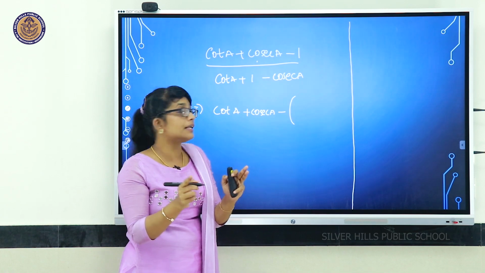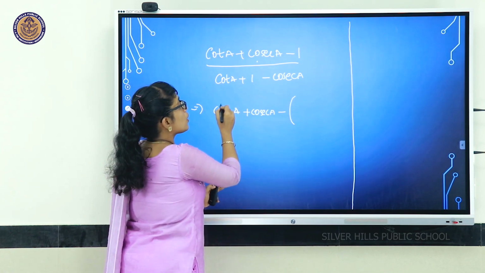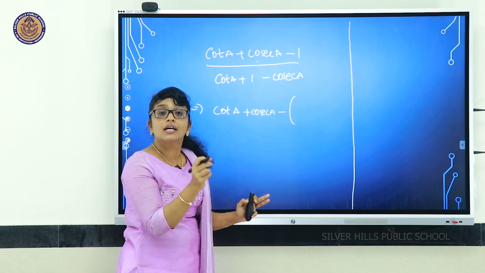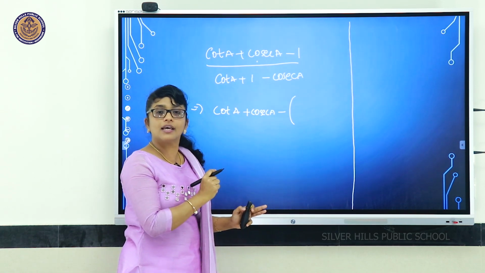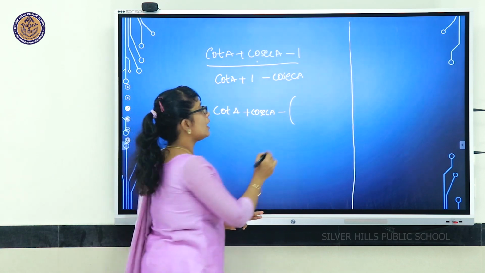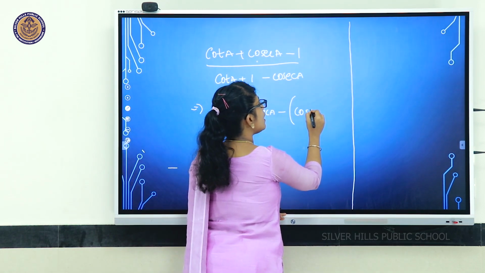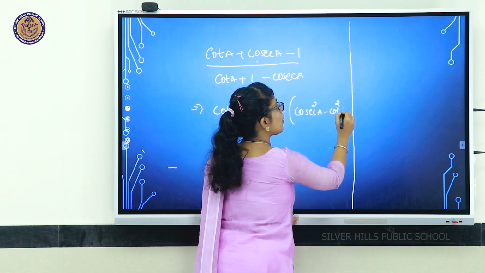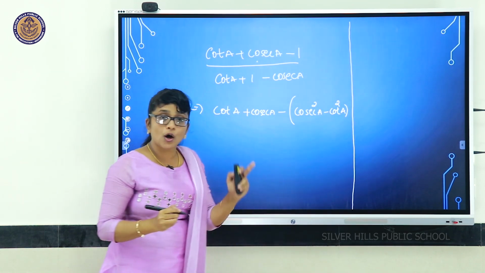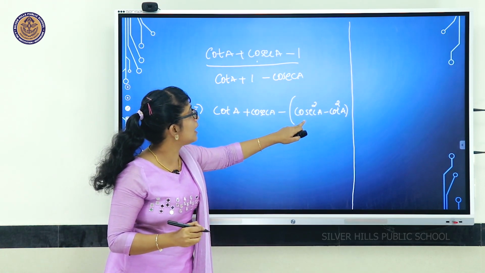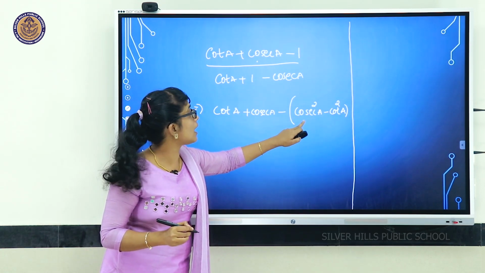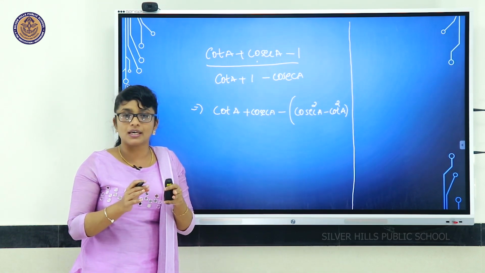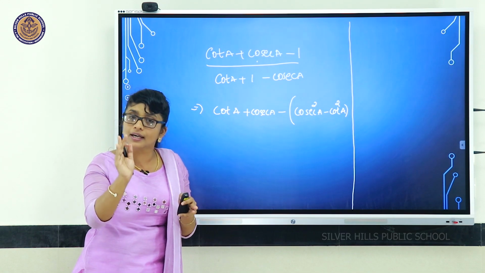An identity. Which identity? Connected to cot and cosec. We studied one identity. What is that identity? Cosec square A minus cot square A. Instead of 1, you can use that identity here, because you studied 3 identities.